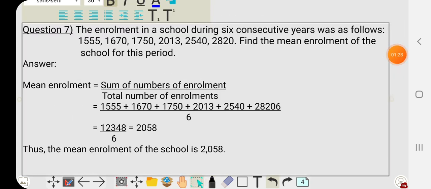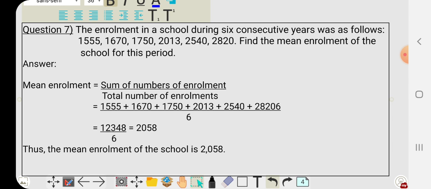Now question number 7: the enrollment in a school during 6 consecutive years was as follows. Enrollment means admissions. In 1 year, how many admissions? In 6 consecutive years, the given numbers of admissions have been done in a school.